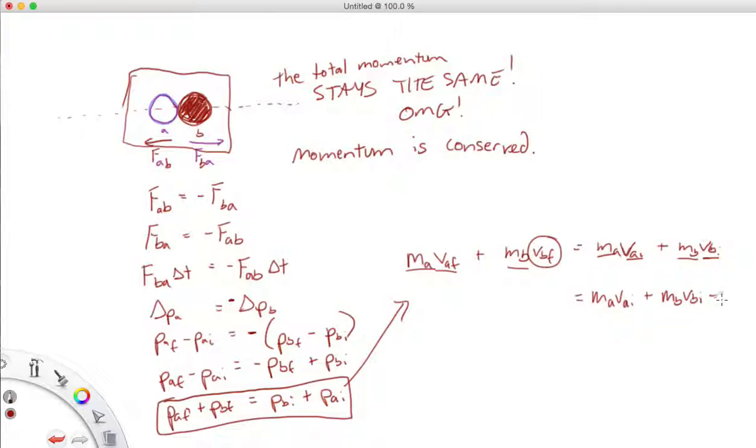We subtract the MA VAF, and then we divide the whole thing by MB, and we'll get velocity BF. So all of these problems are very, very similar. All you have to do is figure out what variables are given to you, keep track of every single variable, and just solve algebraically like this. You should be fine. Good luck.